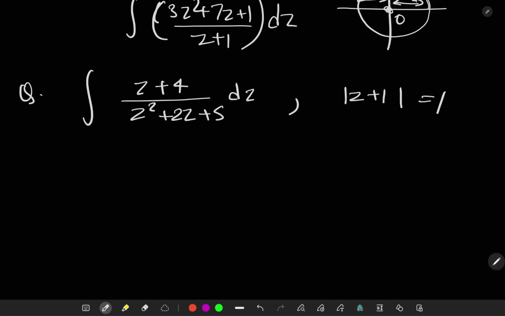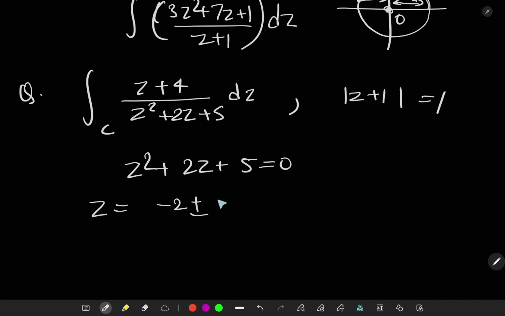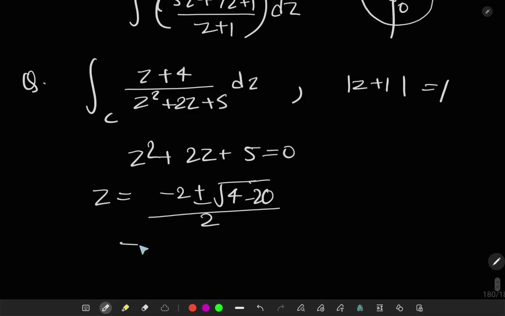This is the given condition. Here we need to find the poles. So we put this equation equal to 0, and using this formula, z is equal to this value.